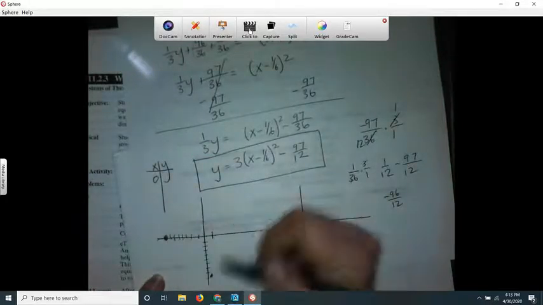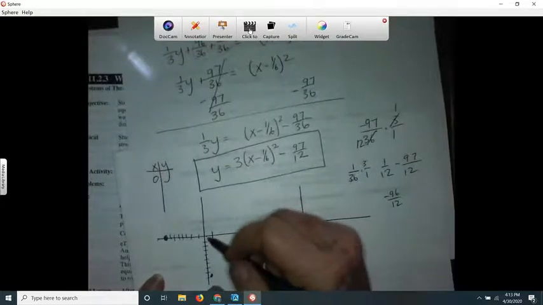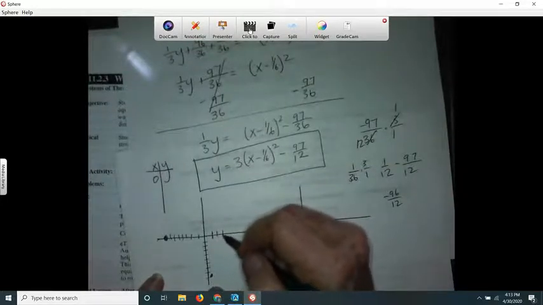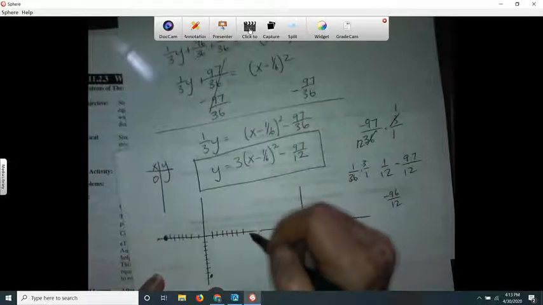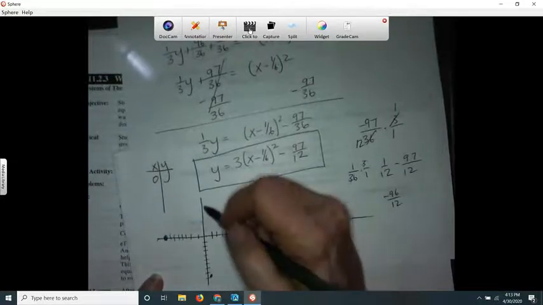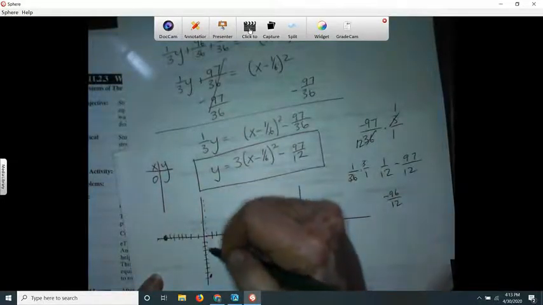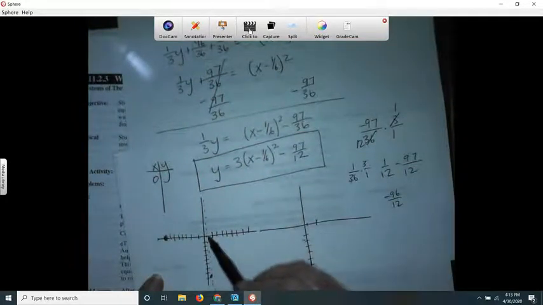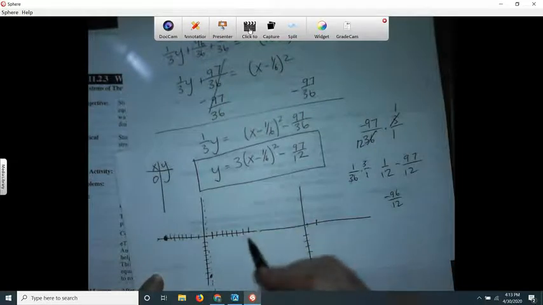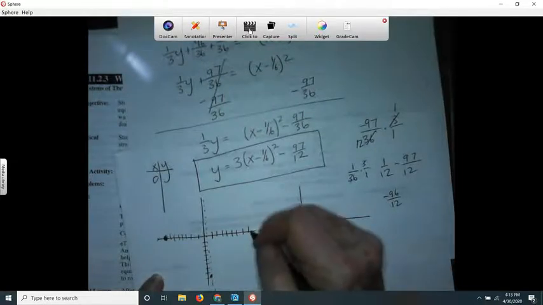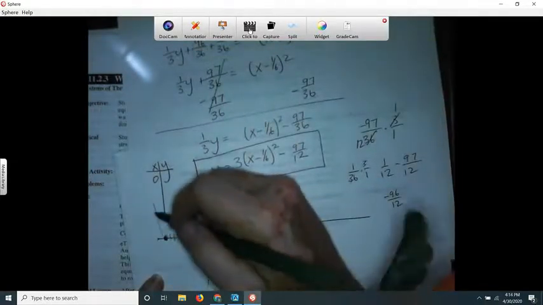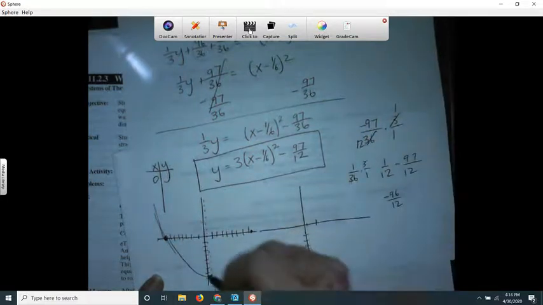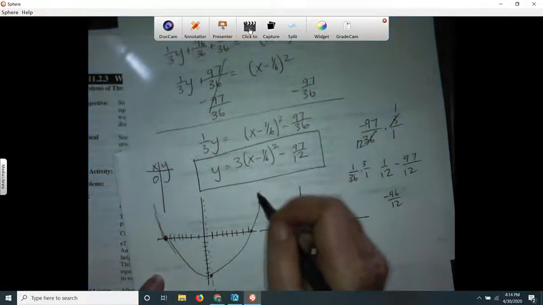And then I know there's going to be another one. This right here is a line of symmetry. If that's negative 8, this would be like positive 8 and a little bit, like positive 8 and 1/6 or something like that, just to give a little shape to my graph.